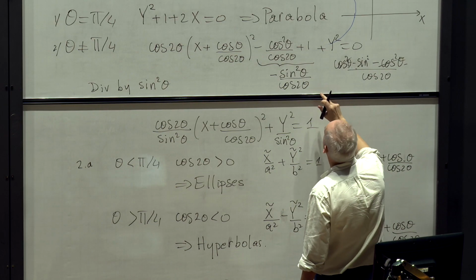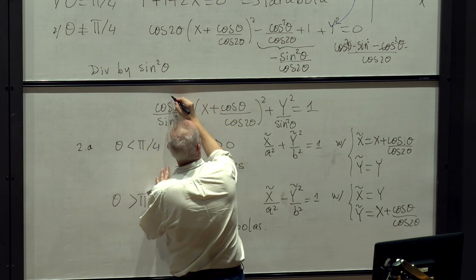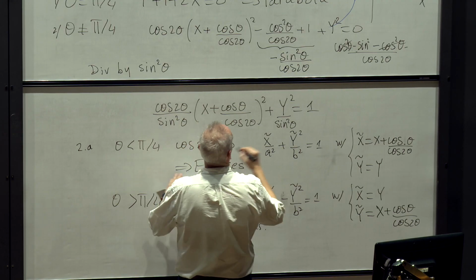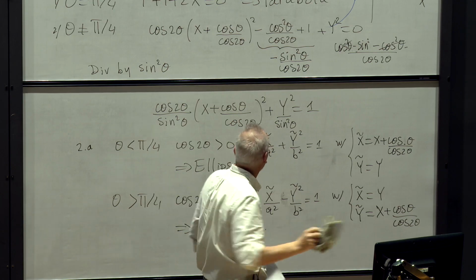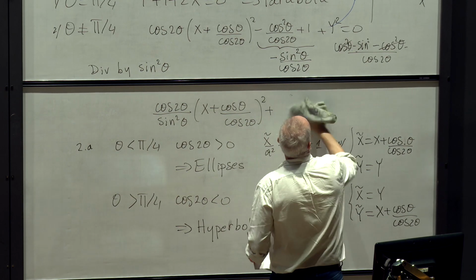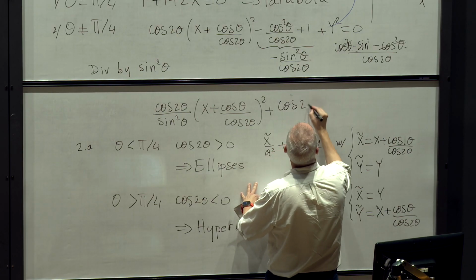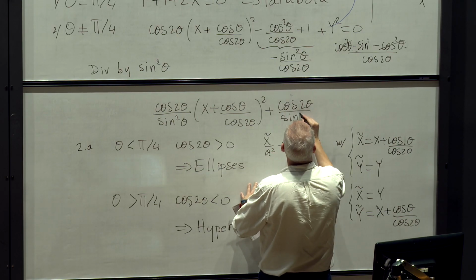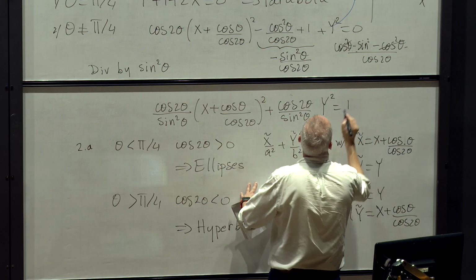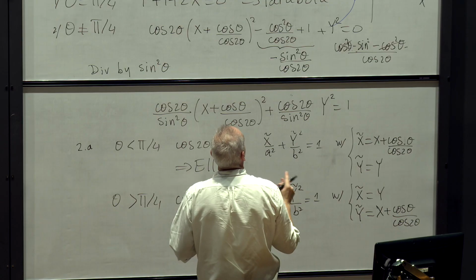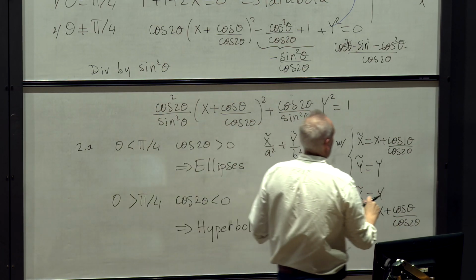Okay, and so I have a cos square. Oh, okay. Thank you. I have cos 2 theta over sine square theta times y square equals 1. And I have cos square 2 theta.